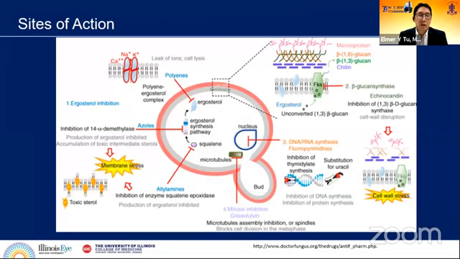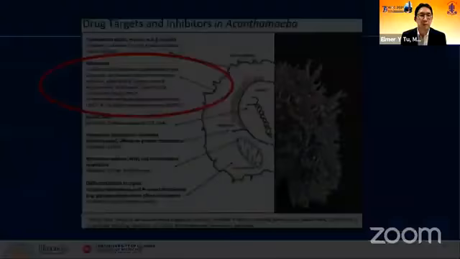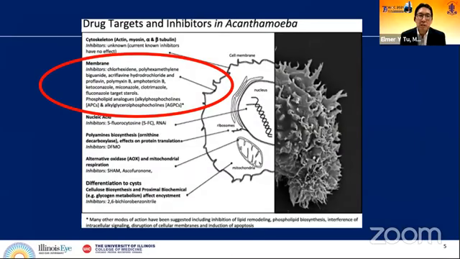So this is a chart of different antifungal areas of activity, and most of them do concentrate on either the cell wall or the cell membrane, and we'll go through why this is important as we go forward. In terms of drug targets and inhibitors in acanthamoeba, you can see that the vast majority are grouped in a form that affect the cell membrane of acanthamoeba, and these include things like chlorhexidine, PHMB, amphotericin B, and some of the azoles, which target sterols.